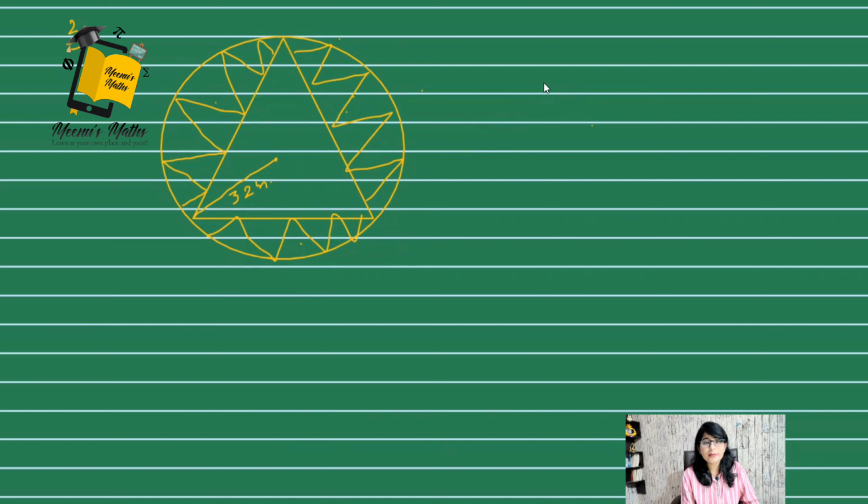For that, we will find out the area of circle, pi r square, and from that we are going to subtract the area of equilateral triangle, root 3 by 4 a square. Fine. It's quite simple. So what is complicated here? We don't know the side of this triangle. Let's see how we will find out the side of this triangle.